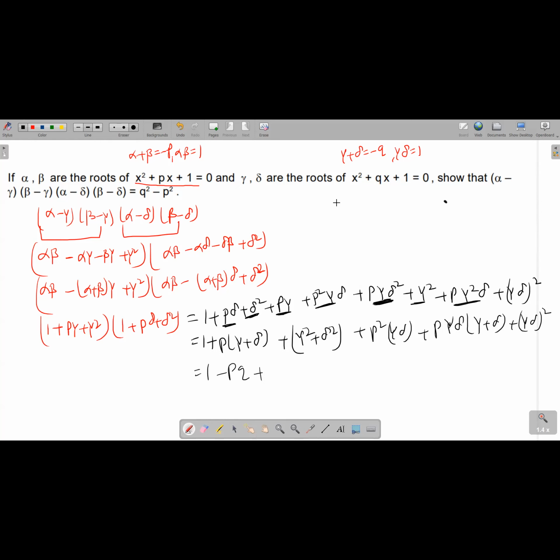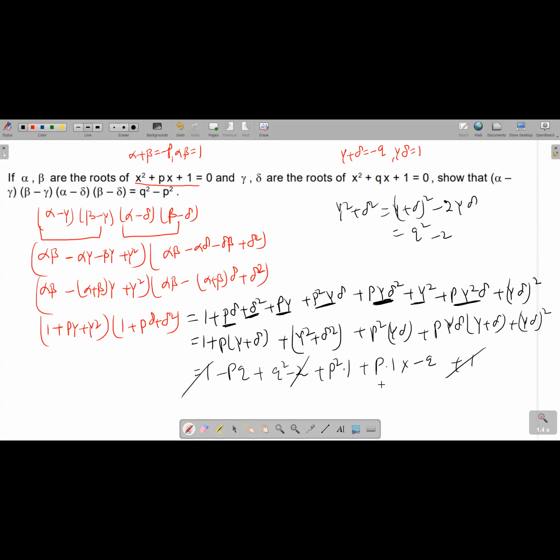Gamma square plus delta square can be written as gamma plus delta whole square minus 2 gamma delta. So minus q whole square and minus 2. So this is q square minus 2. And this is p square into gamma delta is 1, plus p into gamma delta 1, and gamma plus delta is minus q, and plus 1 whole square. Now I can see that 1 plus 1 is 2, or minus 2 is gone.